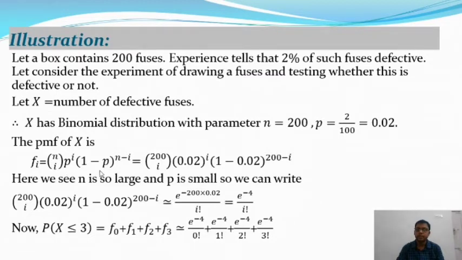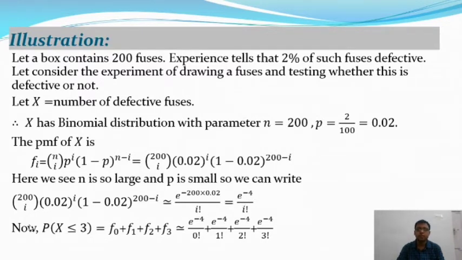So in that case we can write it as approximately equal to e to the power minus 200 into 0.02, that means mu is equal to n into p, by factorial i. So that means e to the power minus mu by factorial i, which equals e to the power minus 4 by factorial i.